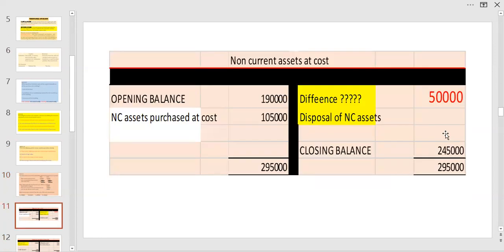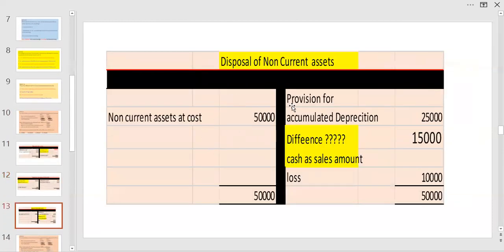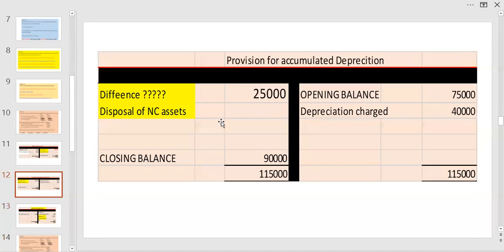Opening balance of 190, there are new purchases of 105, therefore it should have been 295, but it is only 245 shown as closing balance. So obviously 50,000 have been removed, which is the cost of the asset disposed. Next, accumulated depreciation, opening balance 75, charge for the year is 40,000.